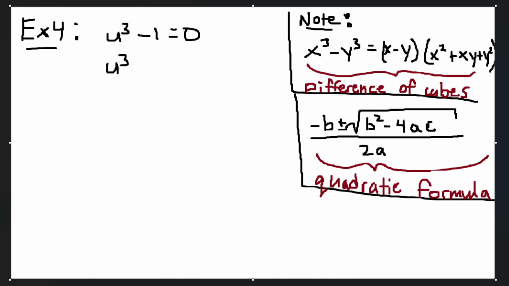We can write u cubed minus 1 as u cubed minus 1 cubed equal to 0. Notice that both are now cubed, which is the same as x cubed minus y cubed. So now we're able to factor this out appropriately. And the nice thing is 1 cubed is just equal to 1. 1 to any power is just 1.